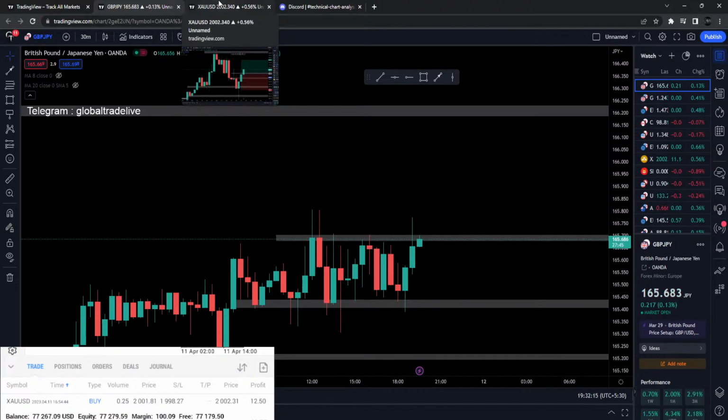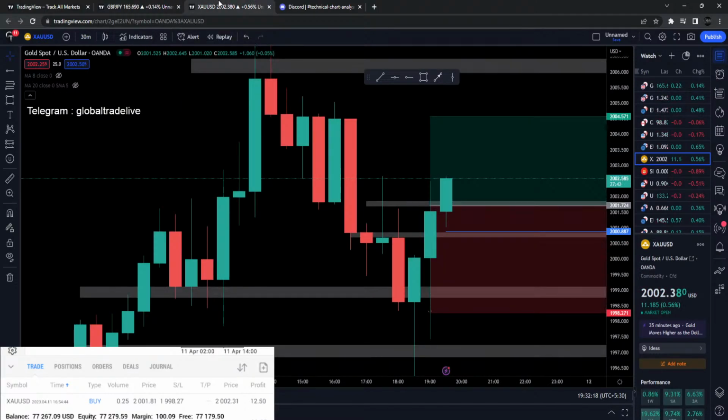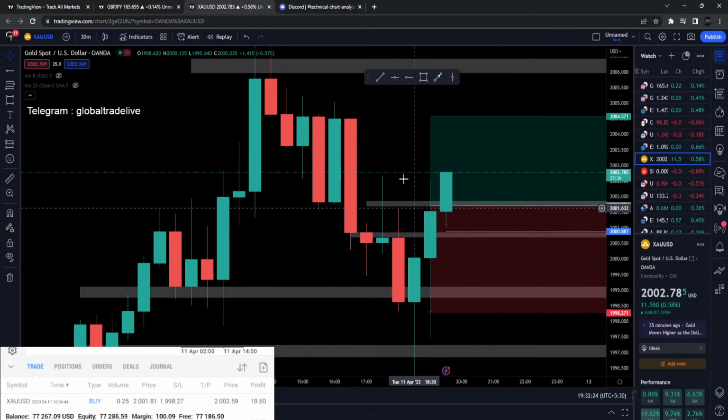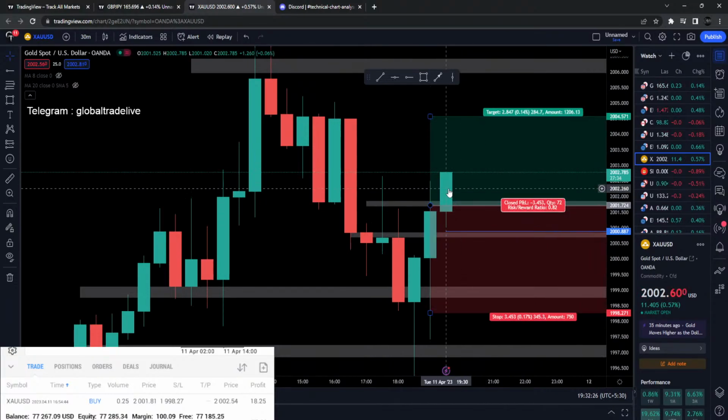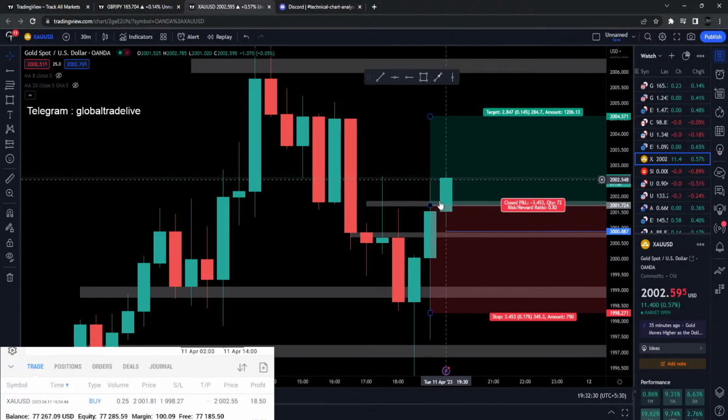So right now the trade is running in 5 pips of profit, 6 pips over here. Oh, 9 pips has been tapped. Yeah, I think now it will be moving all the way up. So after it crosses above like 10 pips, I'm gonna shift the stops below the current candle's low.